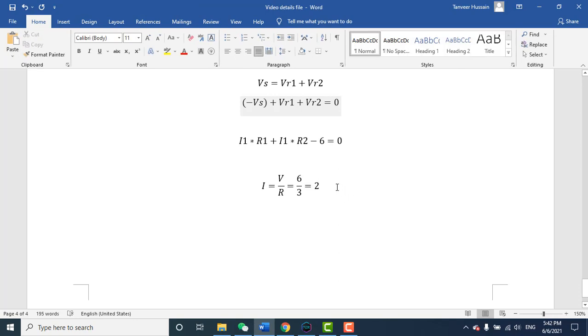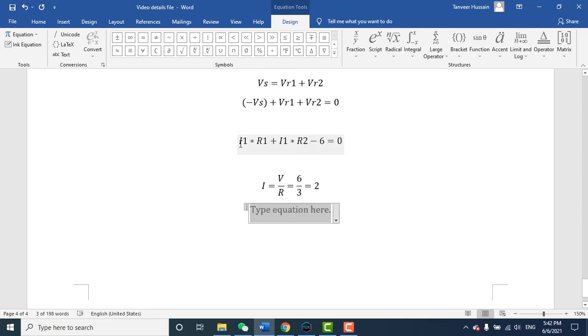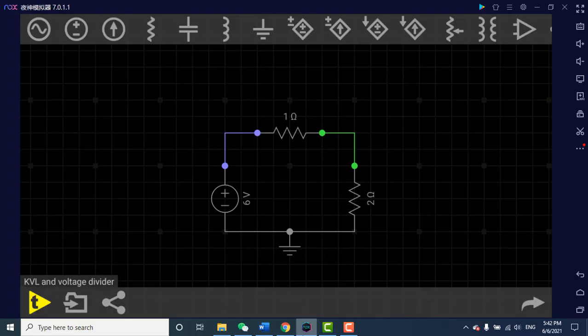Using the Kirchhoff's equation above, we can find the voltage drop across R1. I we already know, and the resistance we know is 1 ohm.